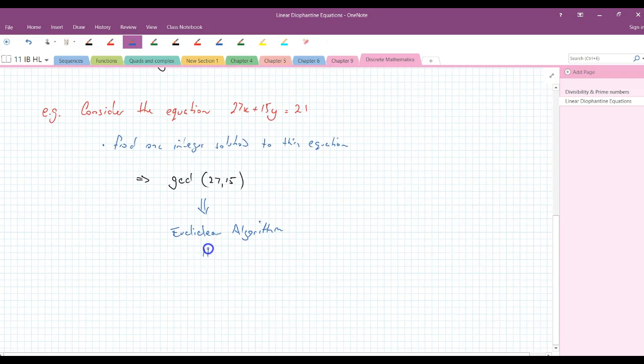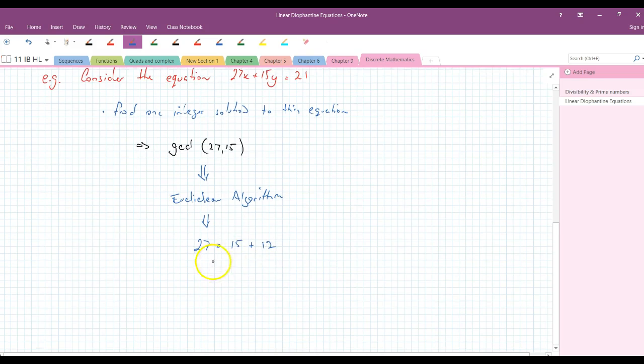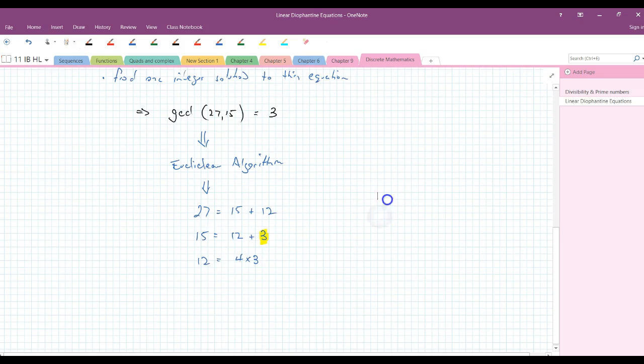Using the Euclidean algorithm, we establish that 27 is equal to 15 times 1 plus 12, and then 15 is equal to 1 times 12 plus 3, and then 12 is equal to 4 times 3, with no remainder. So our greatest common divisor of 27 and 15 is equal to 3.